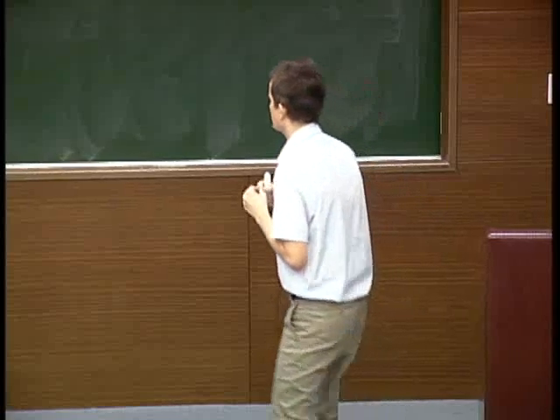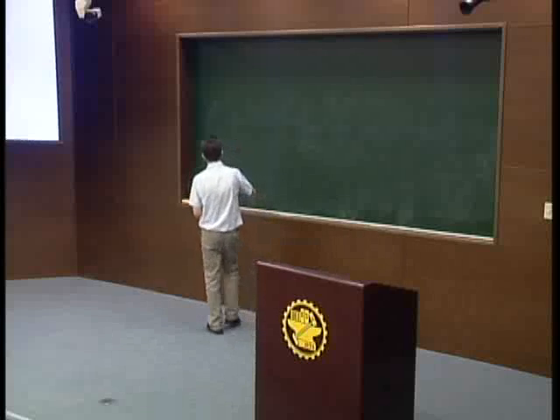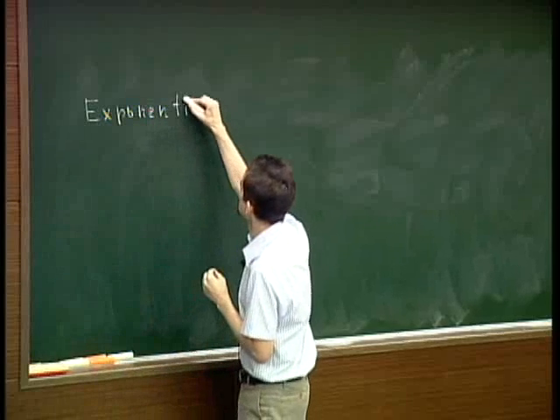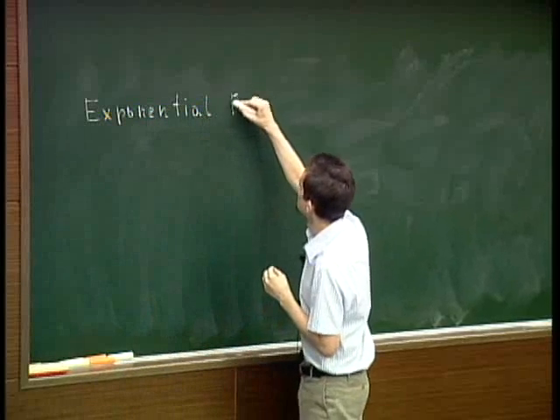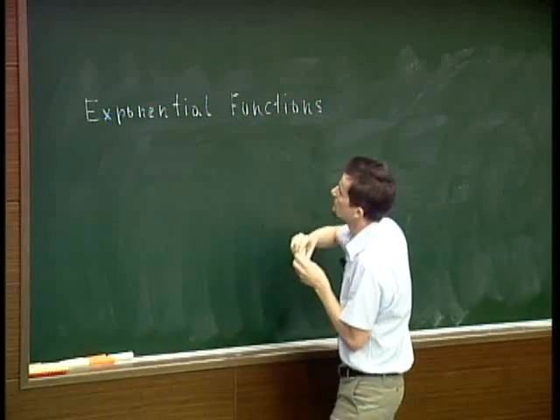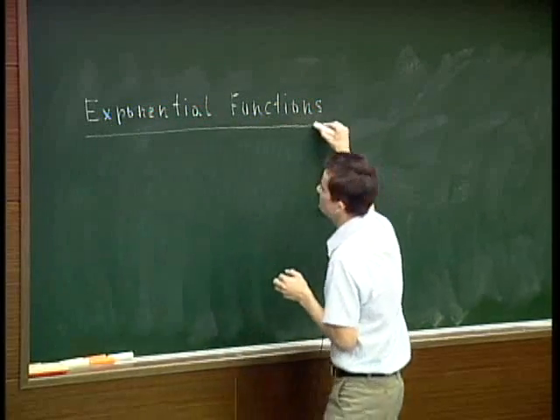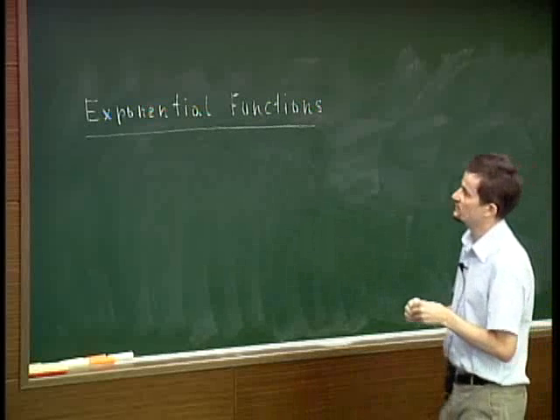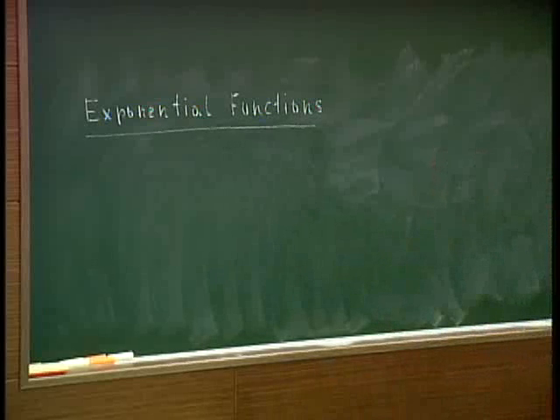Now, the first thing, as I have already roughly explained last time, are the so-called exponential functions. Now, this is chapter 1.5 of our textbook. You all know what an exponential function is. You have learned this already in high school.